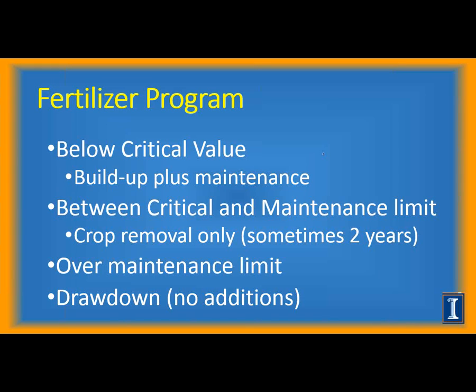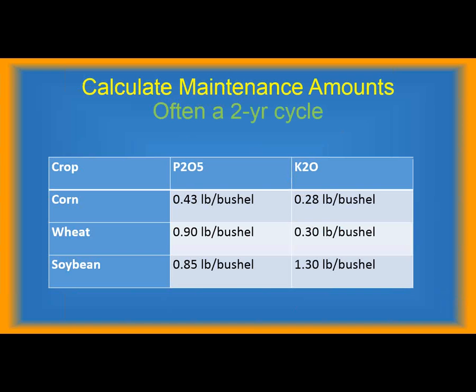If you're between those 2 points, the critical value and the maintenance limit, you're going to fertilize for anticipated crop removal, and hopefully you'll get some kind of chart on that or table that you can derive numbers, and we'll take a look at an example here shortly. If you're over the maintenance limit, you are going to do drawdown, and there's not going to be an additional application of fertilizer.